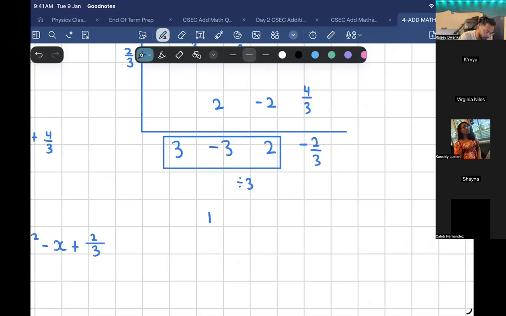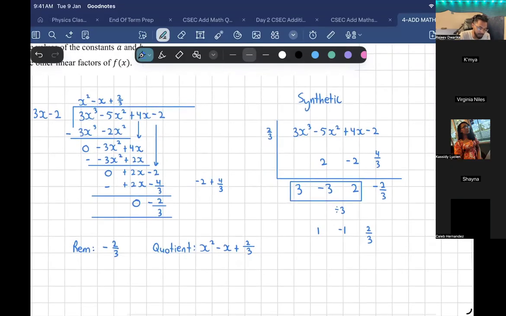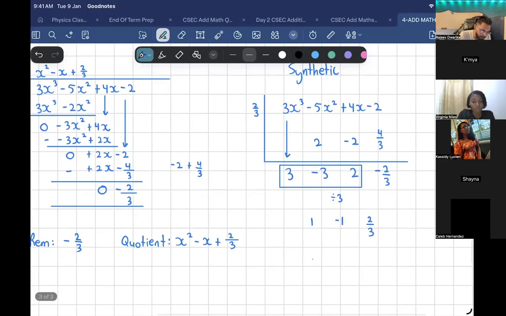I get 1, minus 1, plus 2/3, the same quotient, and that would give you the answer. So you can't just do it; there are some rules that apply here. You're going to end up with 1x squared minus 1x plus 2 over 3, and the remainder is minus 2 over 3.